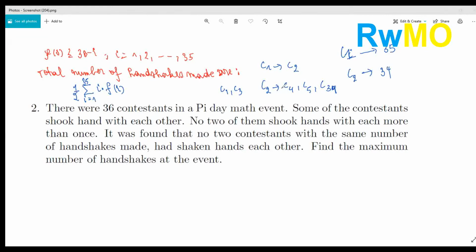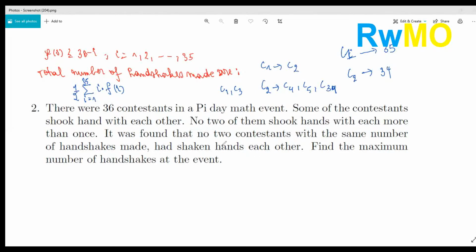Or you can do the reverse. You can say contestant 2 will shake hands with contestant 3 all the way up to contestant 34, apart from contestant 1 and 35. It doesn't matter the order in which you do it.